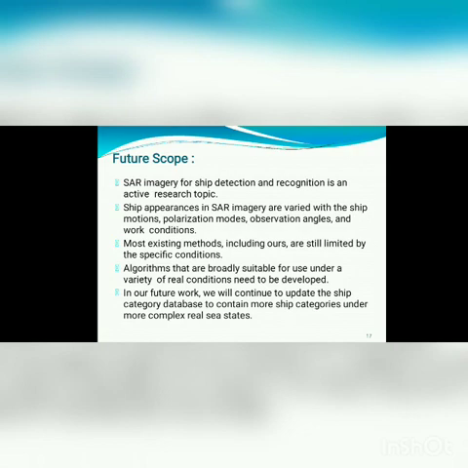Most existing methods are still limited by specific conditions. Algorithms that are broadly suitable for use under a variety of real conditions need to be developed. In our future work, we will continue to update the ship category database to contain more ship categories under more complex real sea states.